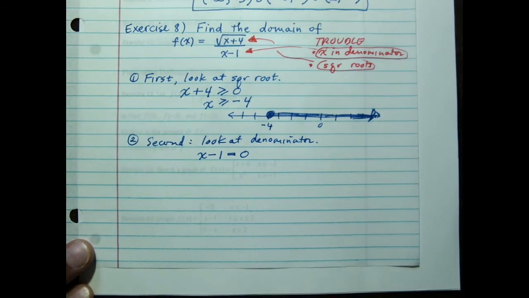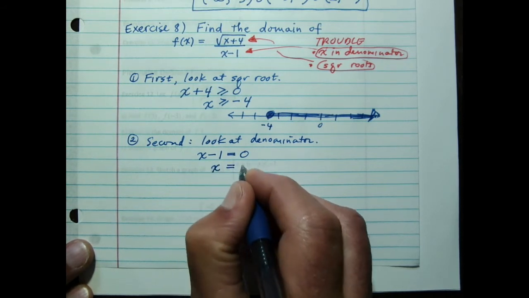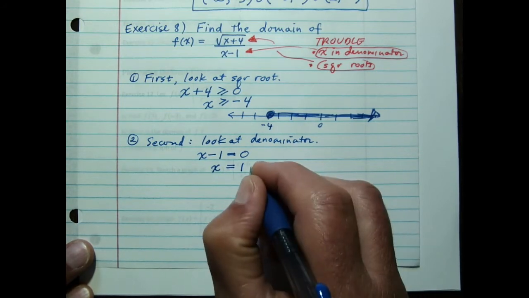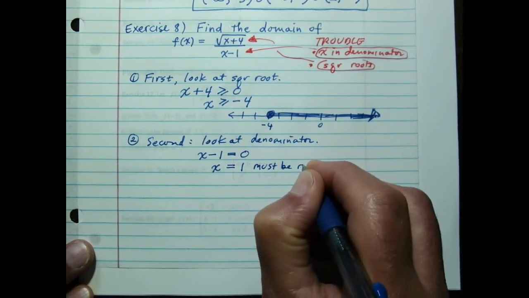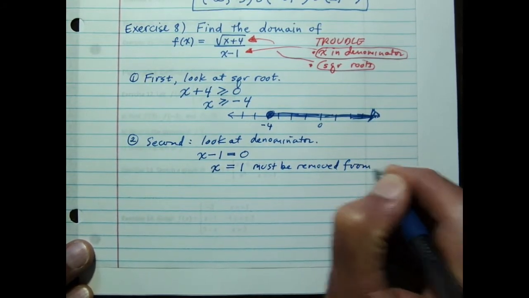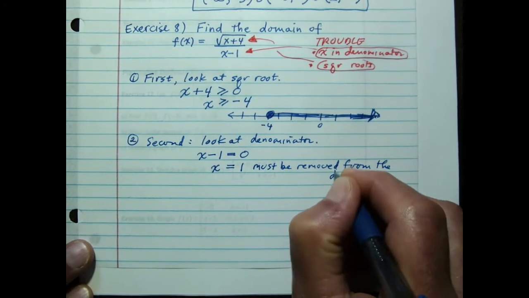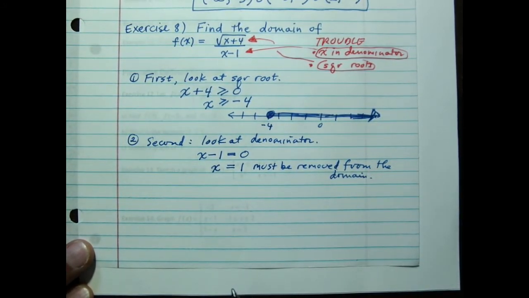Not so much where x is equal to 0, where the denominator is equal to 0. The denominator is equal to 0 when x is equal to 1. So x equals 1 must be removed from the domain. We can't include x equals 1.